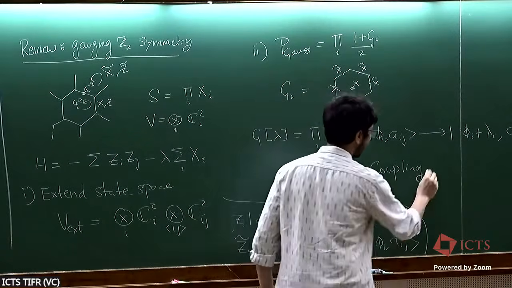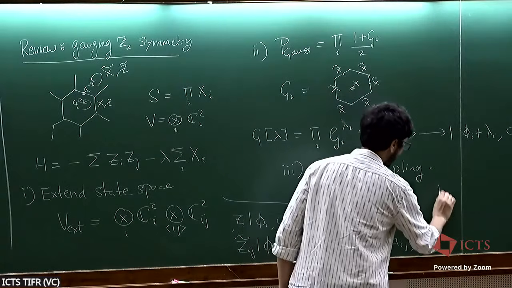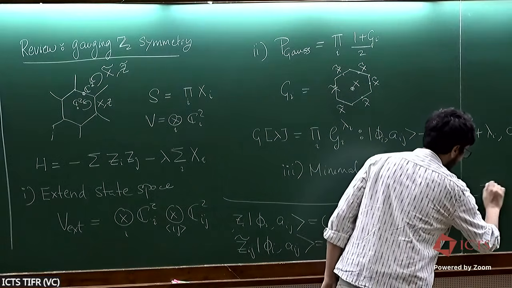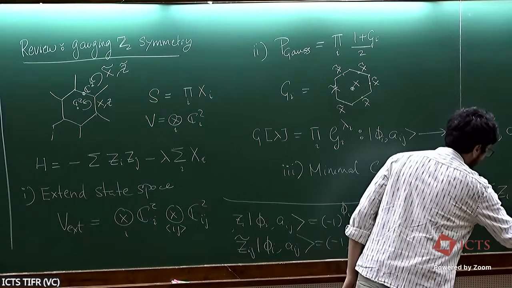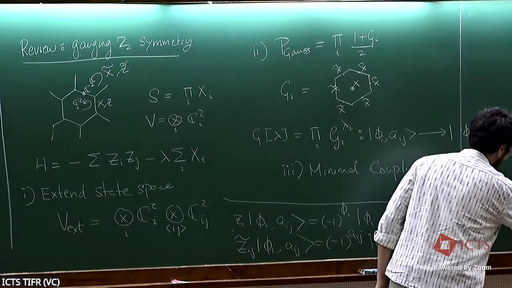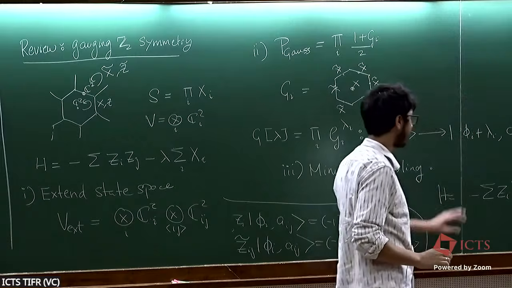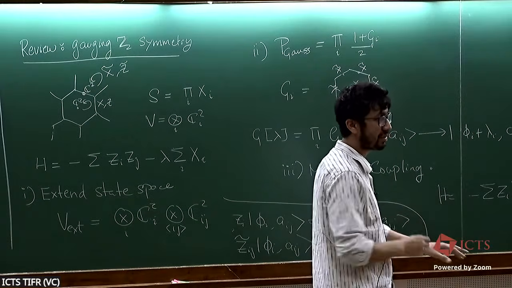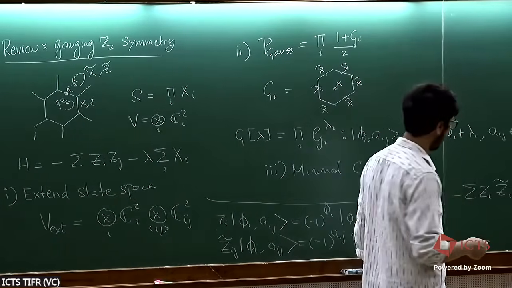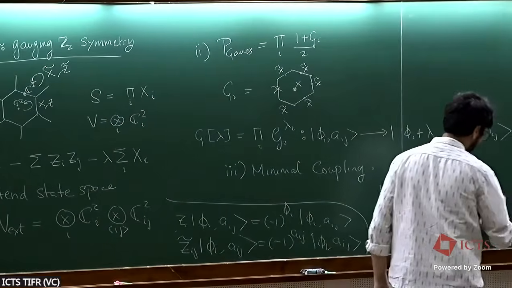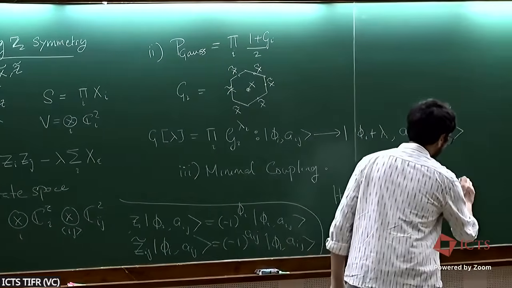And the minimally coupled Hamiltonian is just minus Z... Sorry, I'm describing this, and I'm sure all of you are already familiar with it, but it'll help to generalize to non-minimal gaugings, which I'll describe subsequently.